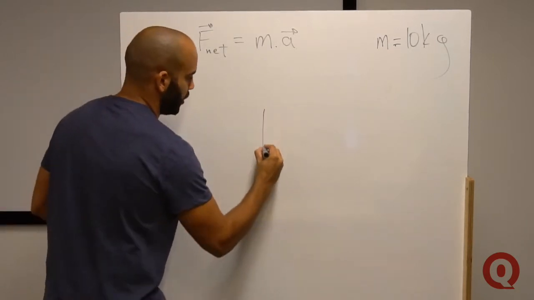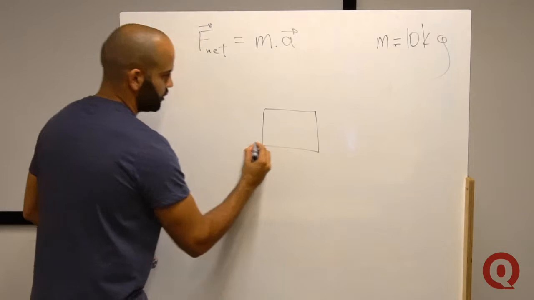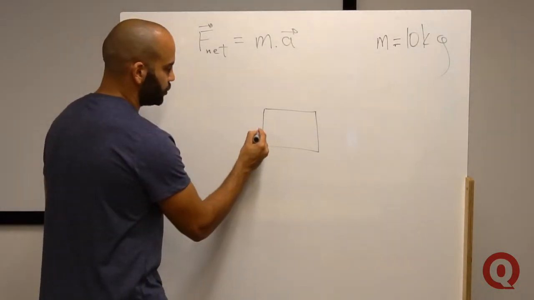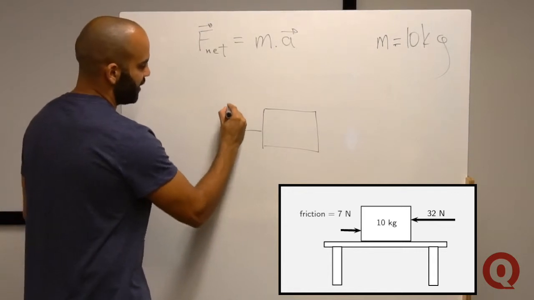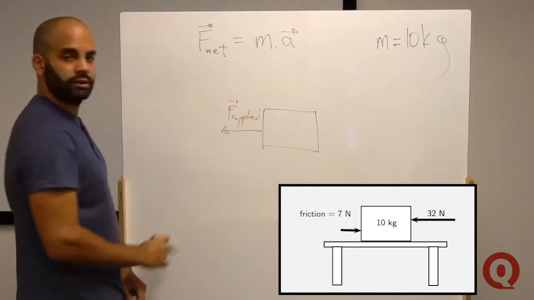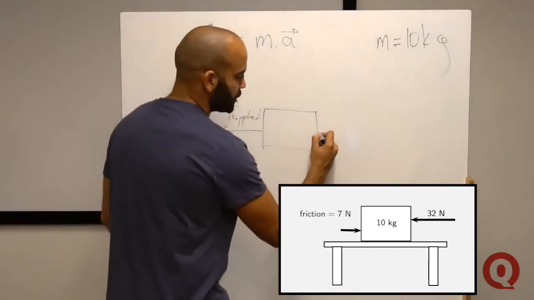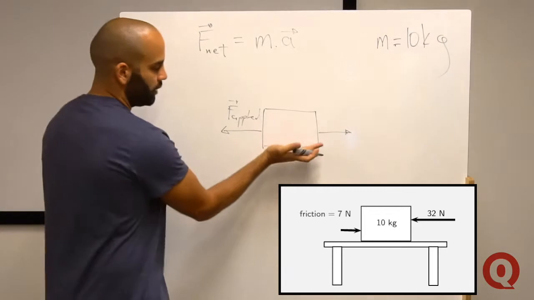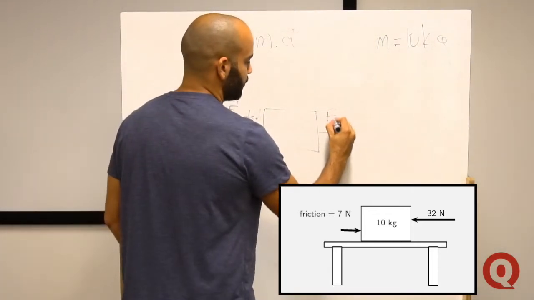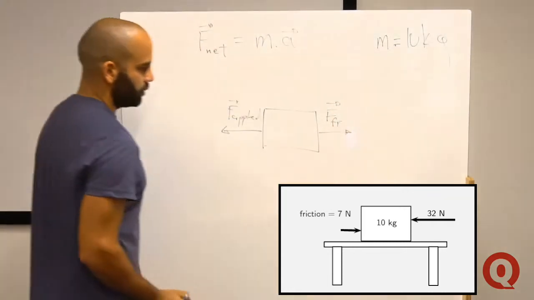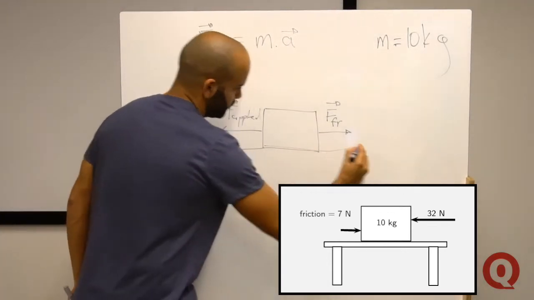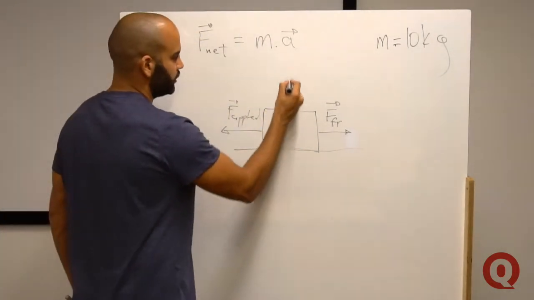So the box that we have, what forces would be acting on it? Well, we know that the 32 Newton force, F applied, is acting on the box. We also have a friction force between the surface of the table and the box, so that is F friction. Because the box is lying on a table, there has to be a normal force acting on it.